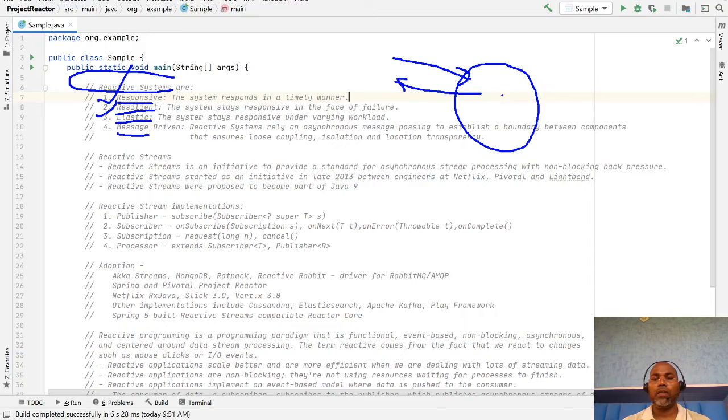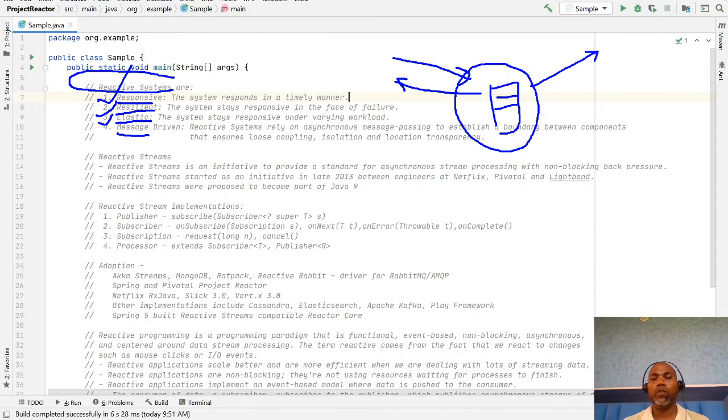That means in case of any fault or failure in the system, the system is still able to respond as designed in the case of failure. The system should be responsive in the case of failure as well. Third feature is elastic.